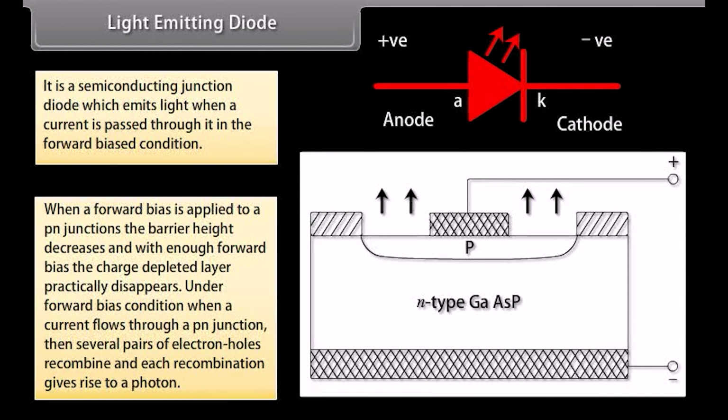When a forward bias is applied to a p-n junction, the barrier height decreases and with enough forward bias, the charge-depleted layer practically disappears. Under forward bias, when a current flows through a p-n junction, several electron-hole pairs recombine and each recombination gives rise to a photon.